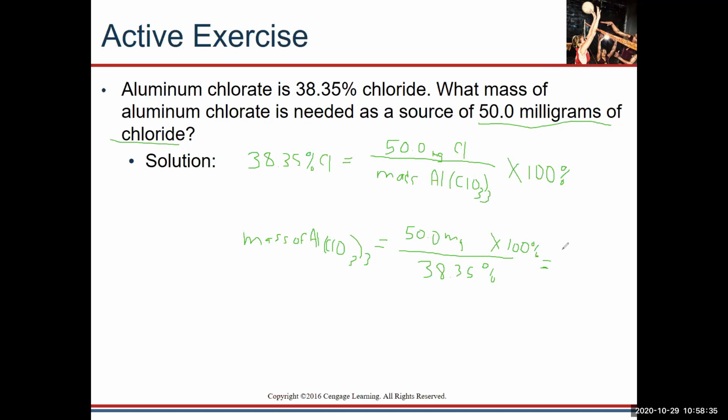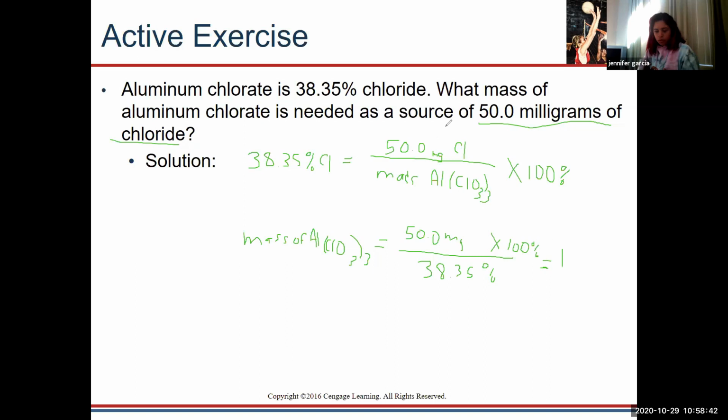How many sig figs do I want? 3 sig figs.